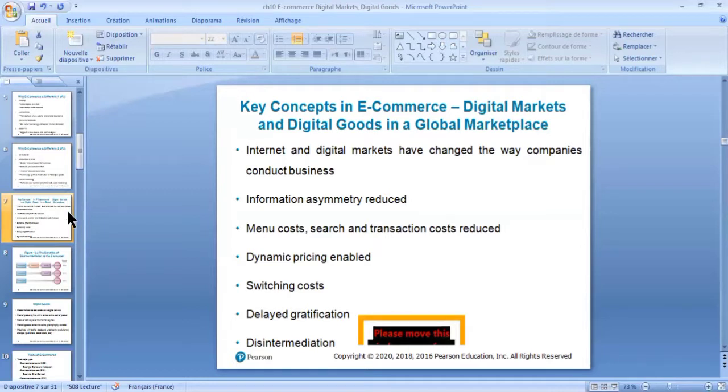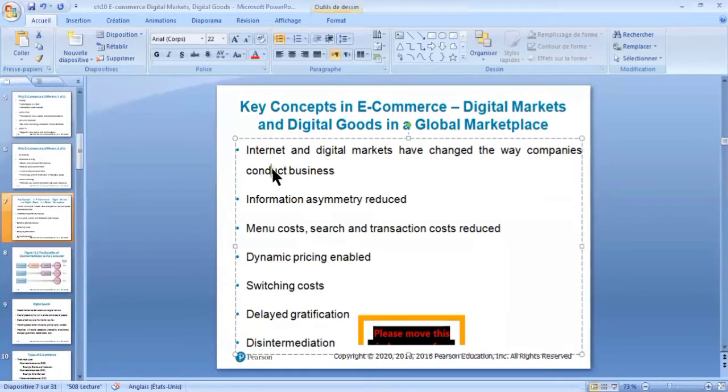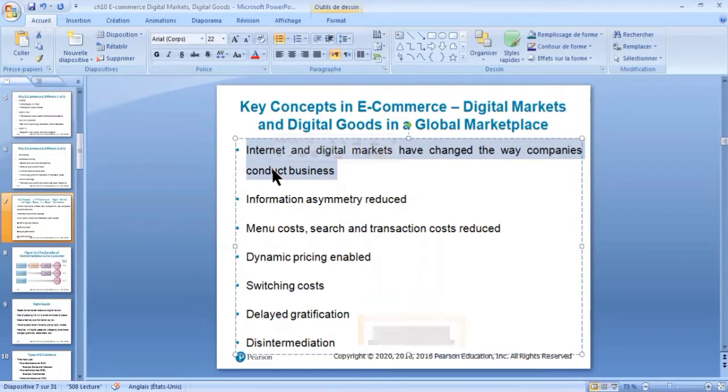You know well that the internet has created a digital marketplace where millions of people all over the world are able to exchange huge amounts of information directly, instantly, and for free. As a result, the internet has changed the way companies do business.